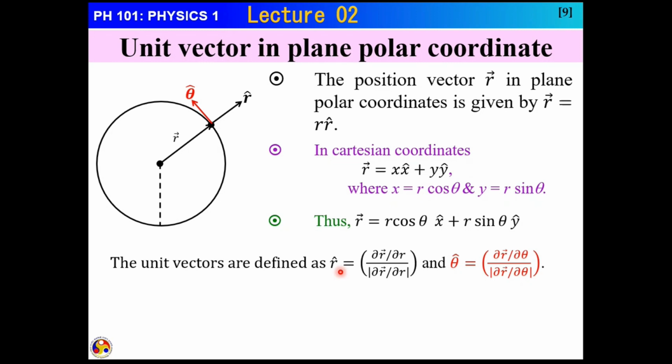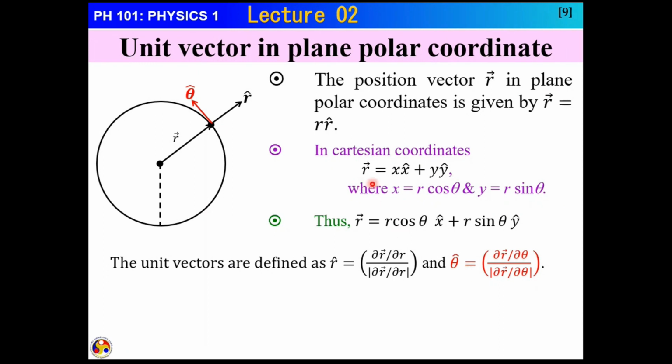Mathematically, this can be written as the rate of change of the position vector if we vary r, divided by the magnitude of this change. Similarly, the unit vector theta cap is the rate of change of the position vector r with respect to theta, divided by the magnitude of the change.